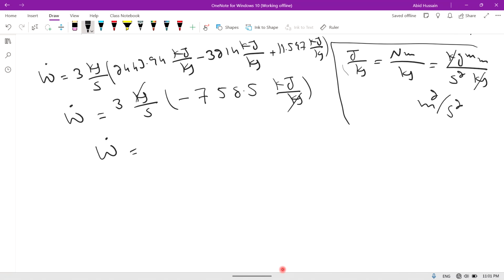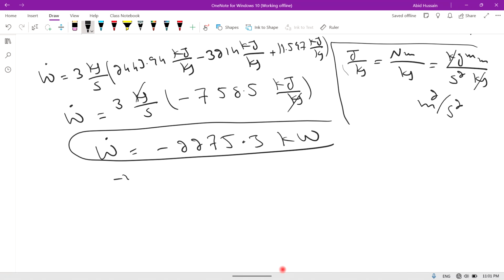So W dot is equal to, this kg will be cancelled with kg, and kilojoule per second, joule per second is equal to watt. So 3 multiplied by minus 758.5 is equal to minus 2275.5 kilowatt. And the negative sign means it is turbine work of expansion.